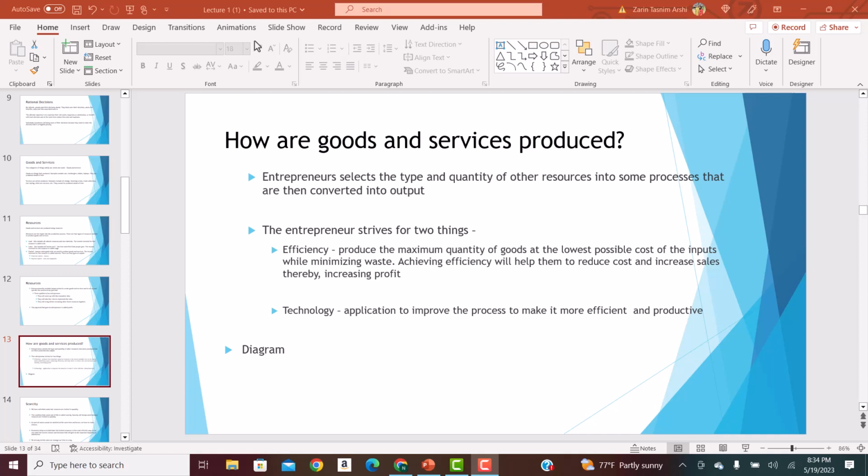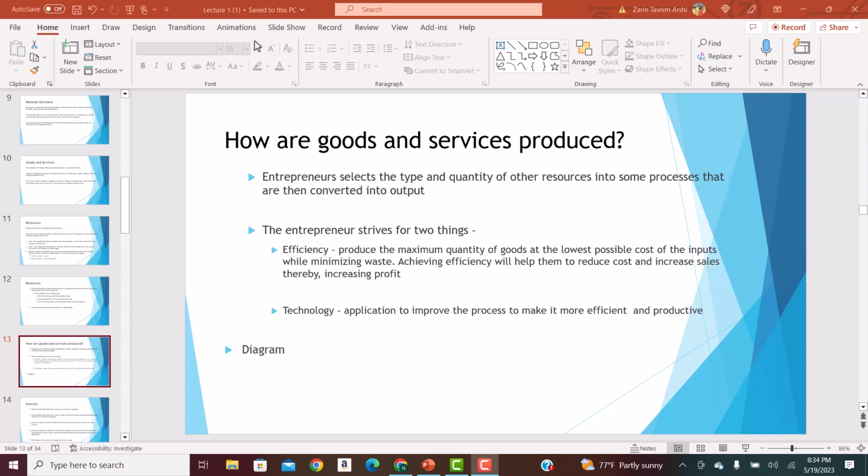When we say they are trying to achieve efficiency, what it means is they want to use the minimum amount of resources and produce the maximum amount of final goods and services or output. Again, if you look at the slide, it says produce the maximum quantity of goods or services at the lowest possible cost of inputs while minimizing waste. When you do that, you achieve efficiency. That basically increases your profit as well.